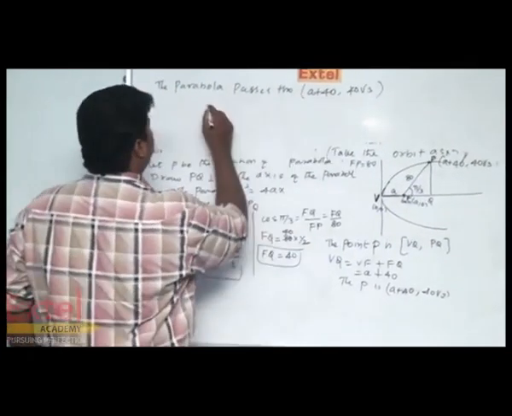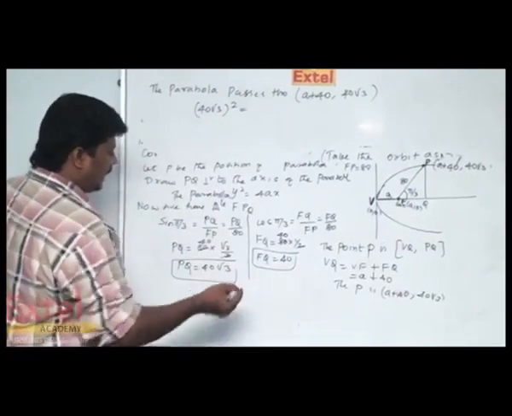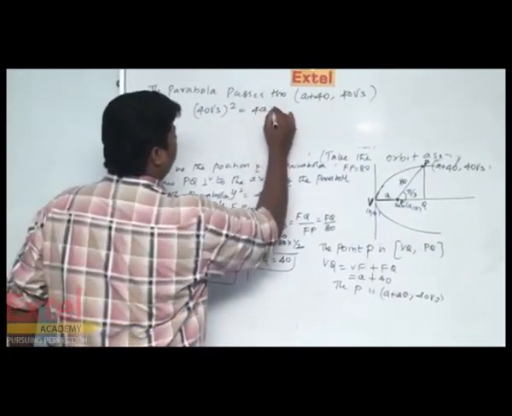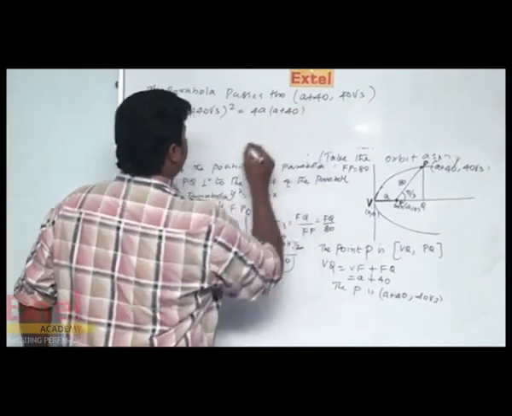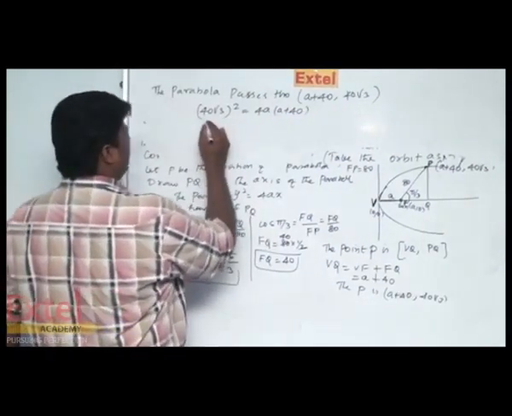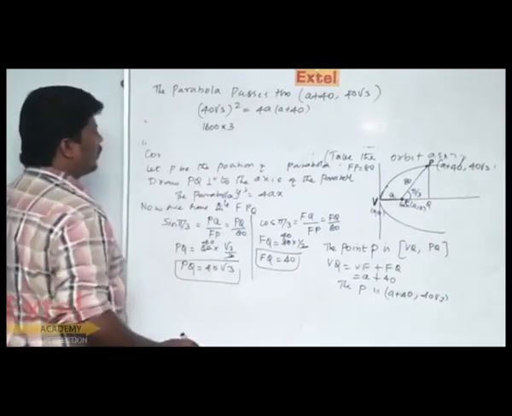What will you get? 40 root 3 square is equal to 4 into A into x. Your x is equal to A plus 40, and 40 root 3 square is 1600 into 3, 4800.